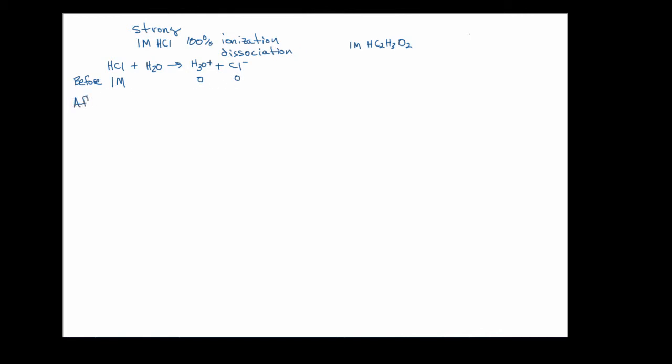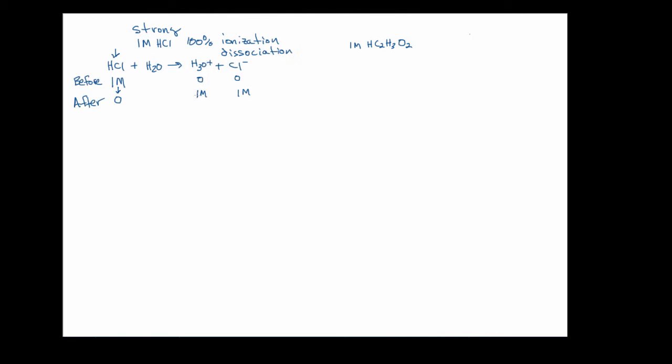After the reaction is over, because we have 100% ionization, hydrochloric acid in this form is gone. It's gone to 0 because 100% of this has ionized, and we have produced 1 molar of H3O+ and 1 molar of the chloride in solution.